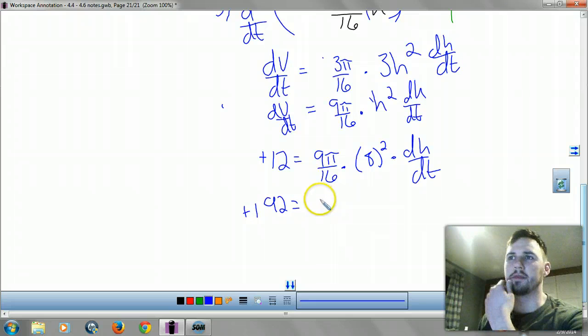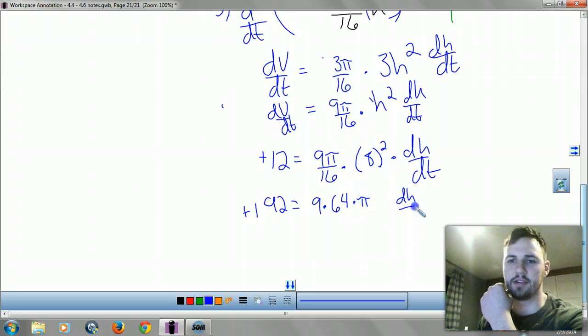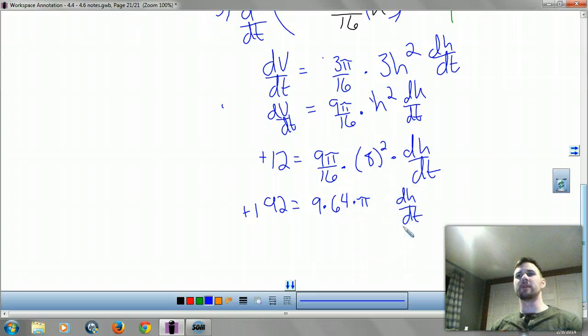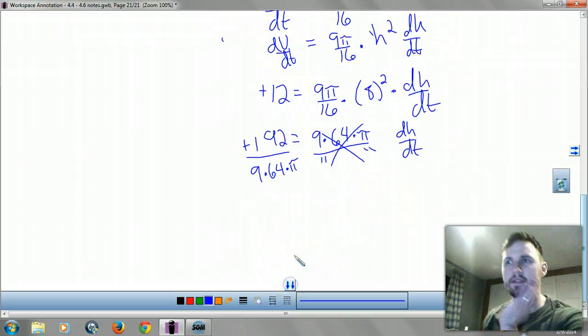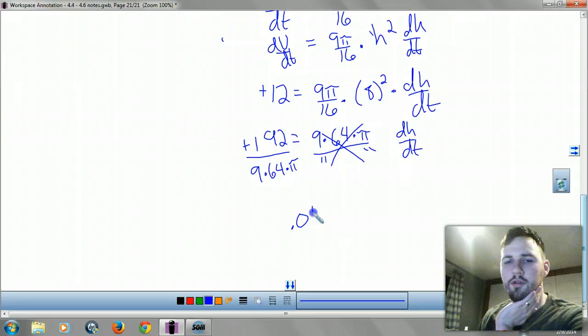Okay, so this becomes 9 times 64 times pi dh over dt, right? So we divide both sides by whatever this number is, and you get 0.106 as your dh over dt.